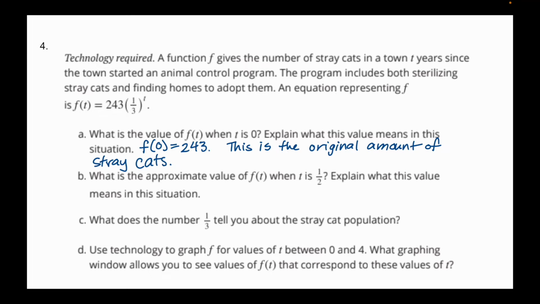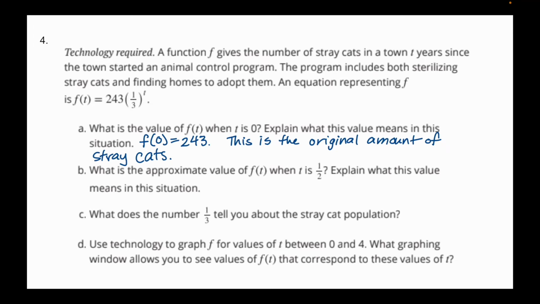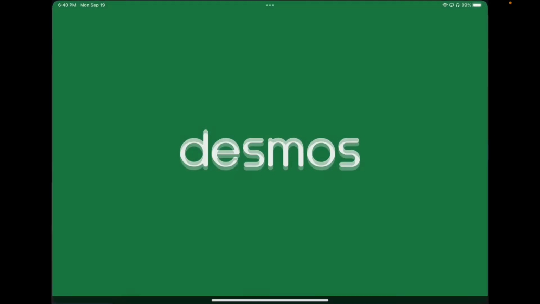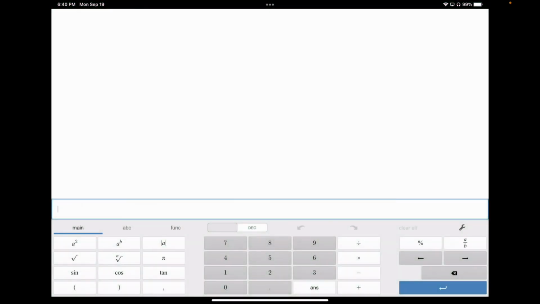Well, I am going to actually plug this in on Desmos, the graphing calculator, because I'm going to have to graph it anyways. But we can first plug into the equation for the approximate number. So I'm going to use my scientific calculator first. 243 times 1/3, and we're going to raise this to the power of 1/2.